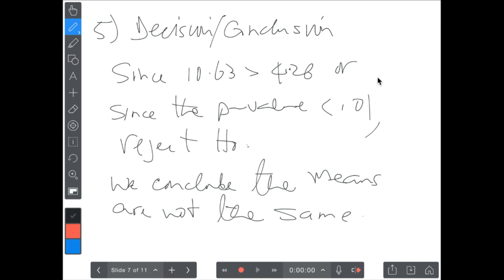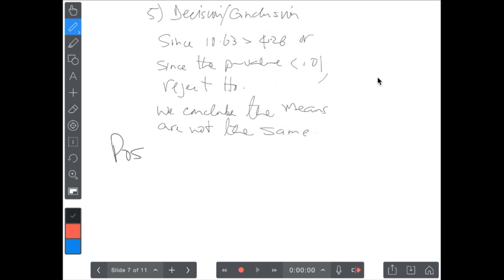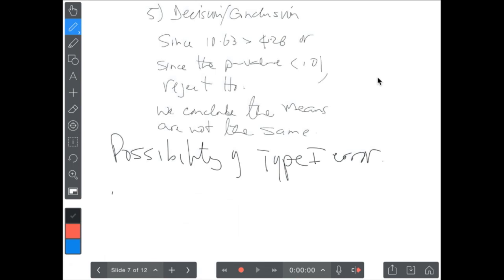The risk is a possibility of type 1 error, and the probability of type 1 error, we know, is the p-value, which is less than 0.01.